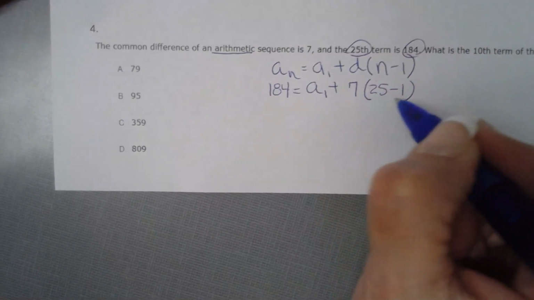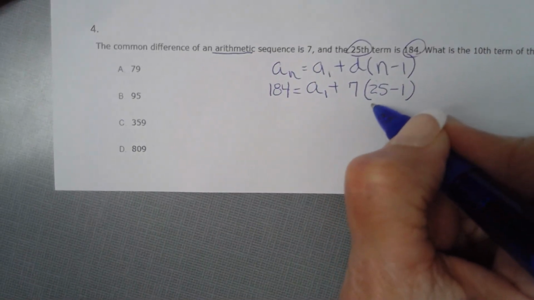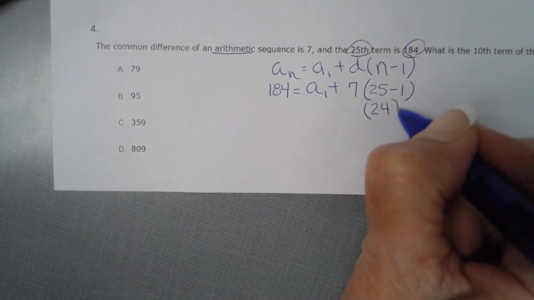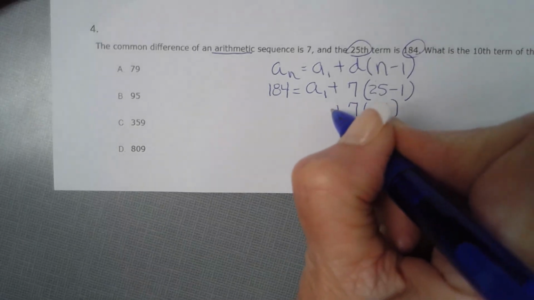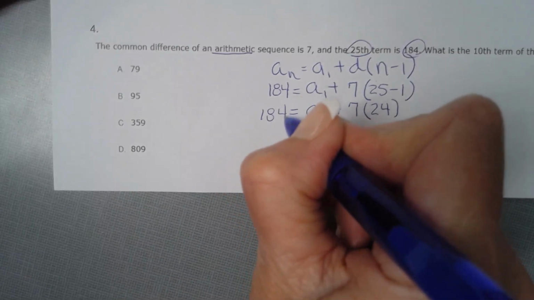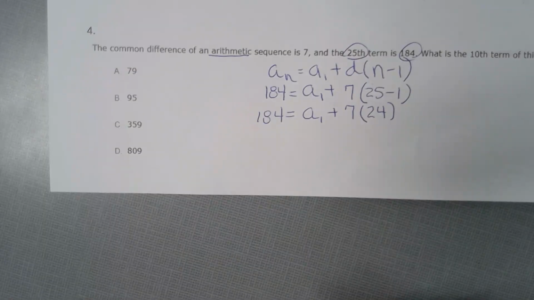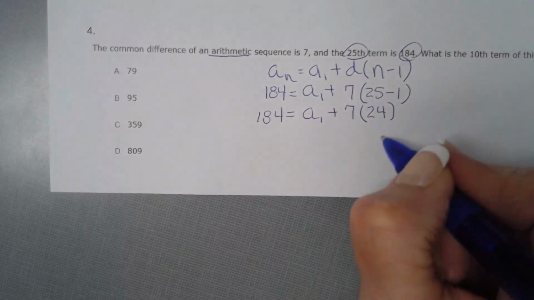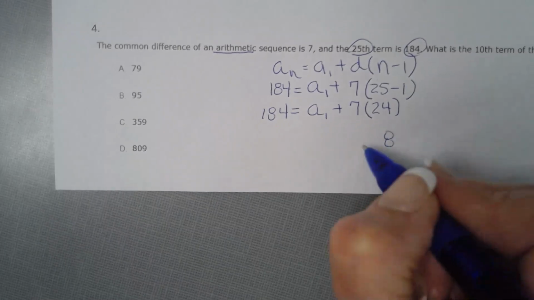So now I'm going to simplify it. 25 minus 1 is 24. And then 7 times 24, 8, is that 168?